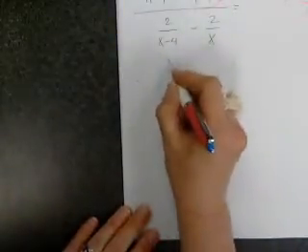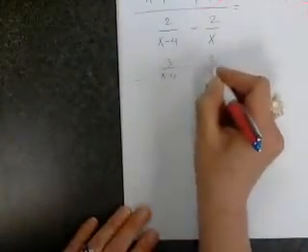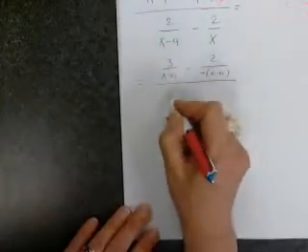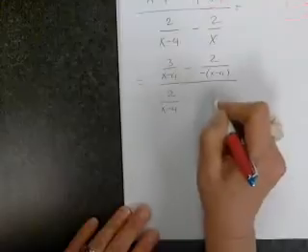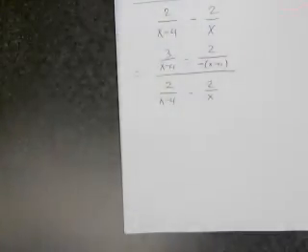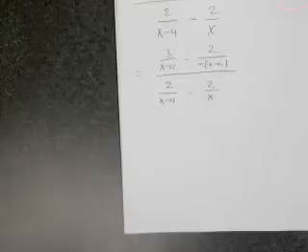Therefore, I have 3 over x minus 4 minus 2 over negative x minus 4, over 2 over x minus 4 minus 2 over x. But now I have to make one more adjustment and then I'll be on my way to simplifying this. Can anyone tell us what is that adjustment that I'm talking about?